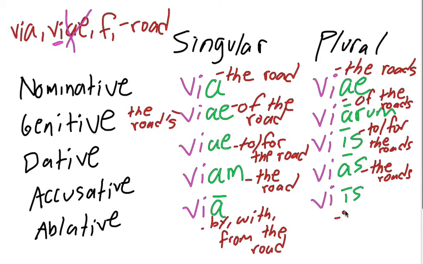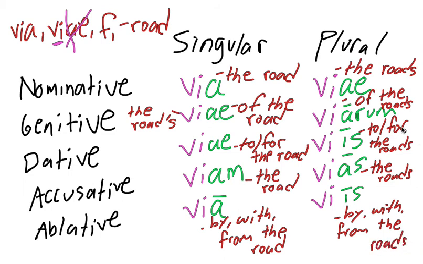And the ablative would be, again, by, with, or from, or even in or on the roads. Also note that the genitive plural, instead of being of the roads, could be the roads', s apostrophe. So that is it for our first lecture.